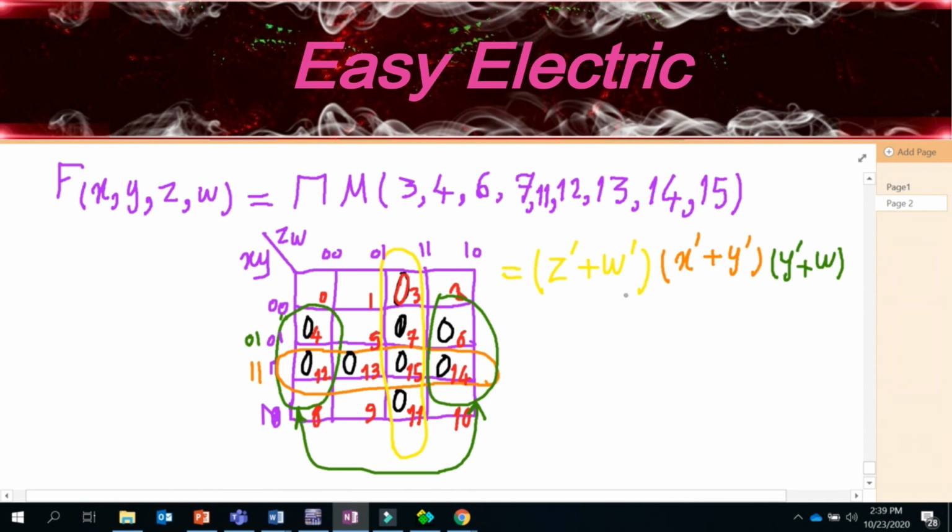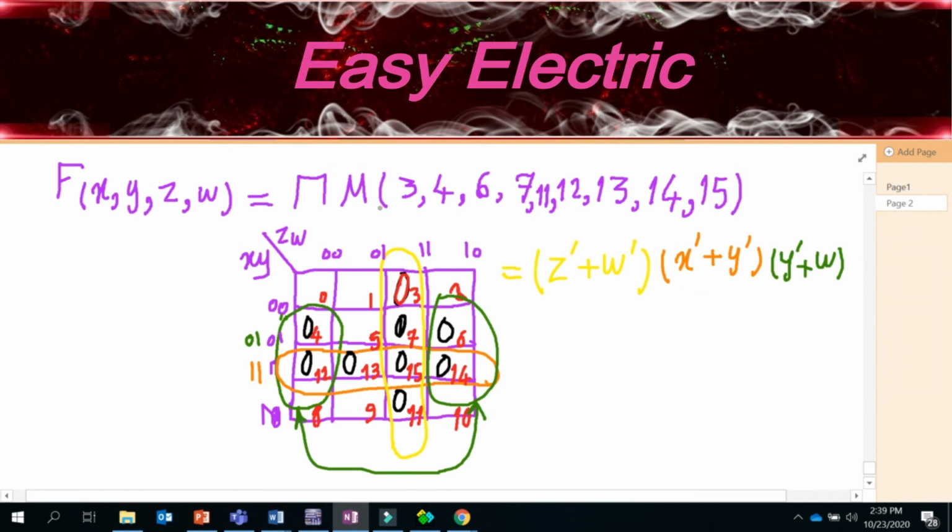As you could see, whenever the function is in the form of a product of max terms, you could use the K-map, and what you end up with will be in the form of a product of sums.